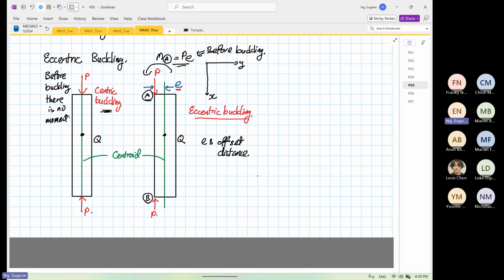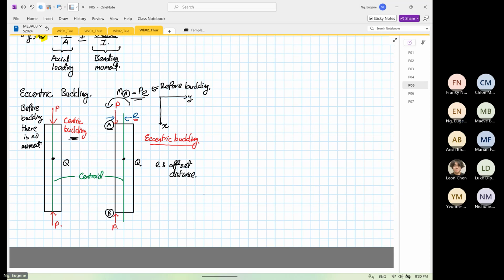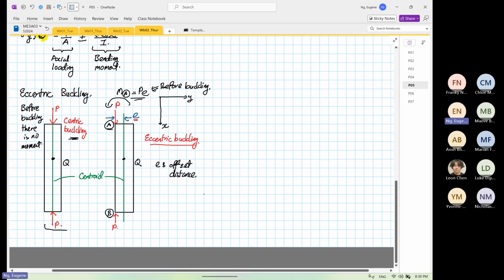Now I have a question for any of you. In centric buckling, when will we have a bending moment? I'll write down here: no deformation for this case.